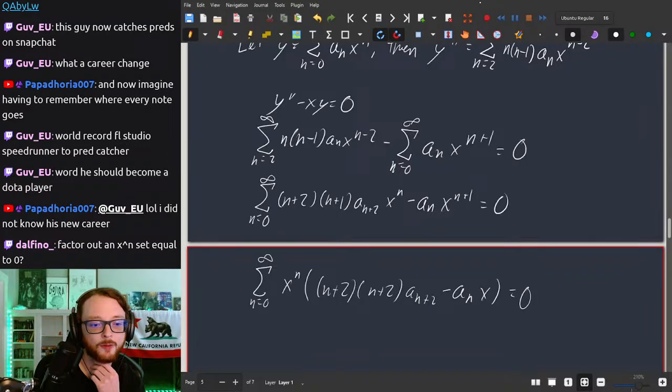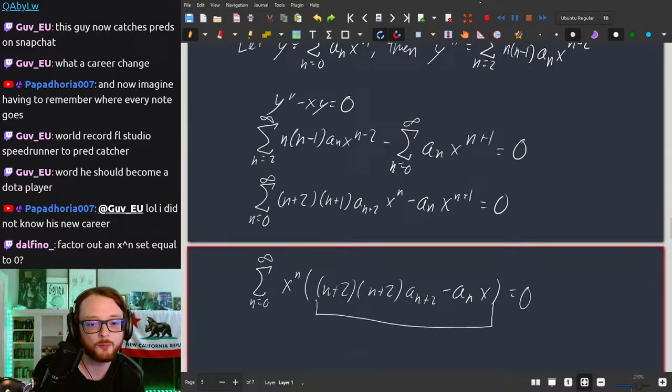I think in theory you could say x isn't generally 0, so take this bit here equal to 0. But it's going to be difficult to solve for a sub n if there's an x being annoying. Maybe it's not if we just treat it as a constant.